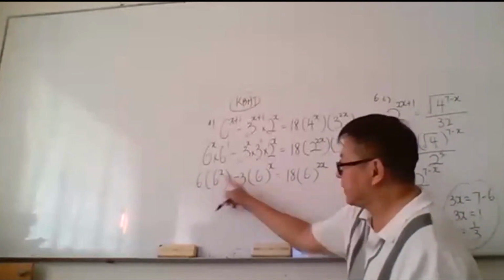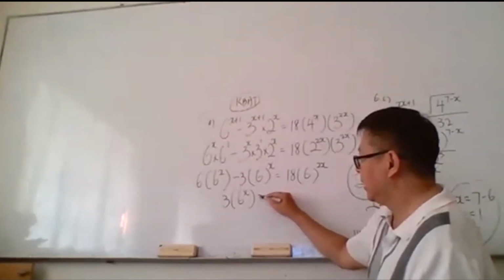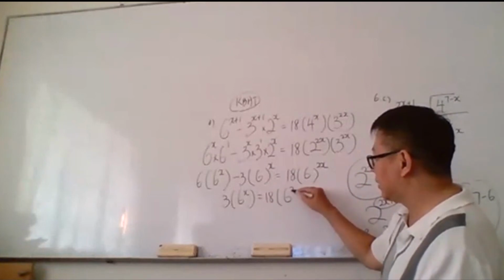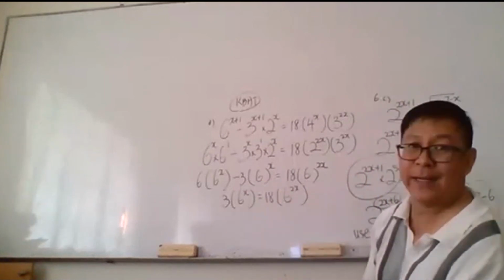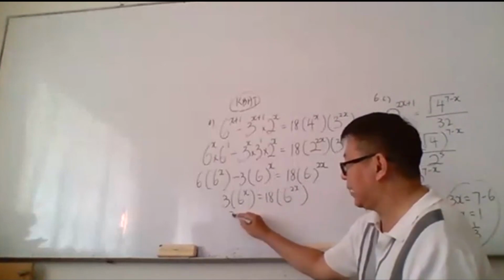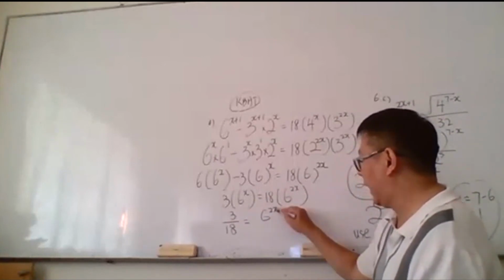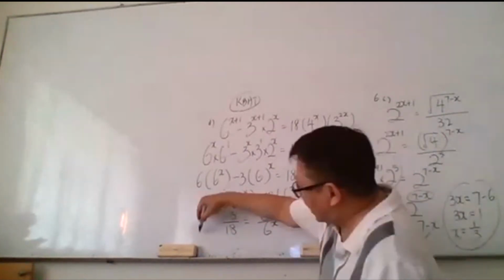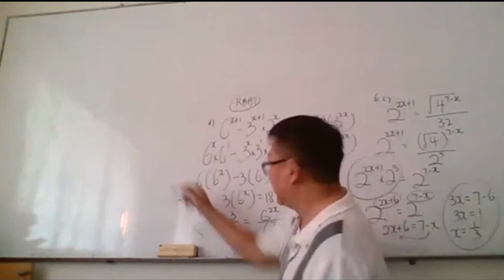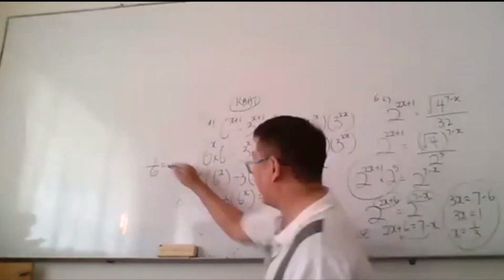And then 3 times 6 minus 3, I got 3 times 6 to the power of x equals 18 to the power of 6, 2x. So now I will try to gather the 6 on one side: 3 over 18 equals 6 to the power of 2x over 6 to the power of x. And I will put it on this side. So 3 over 18 becomes 1 over 6 simplified.